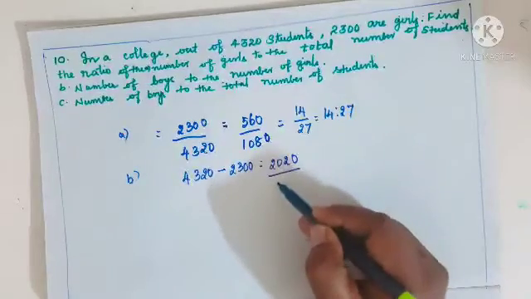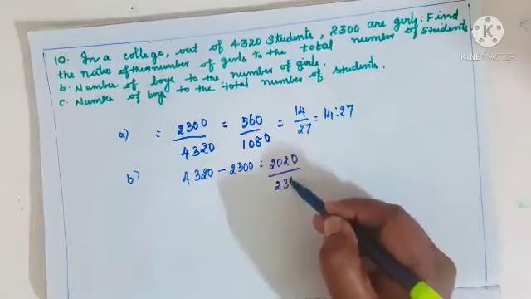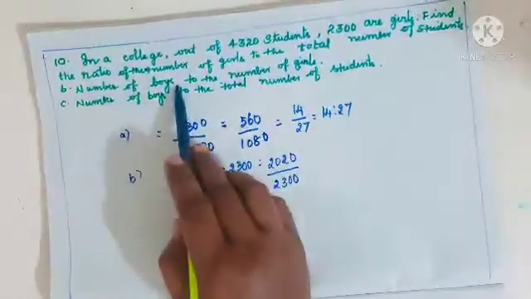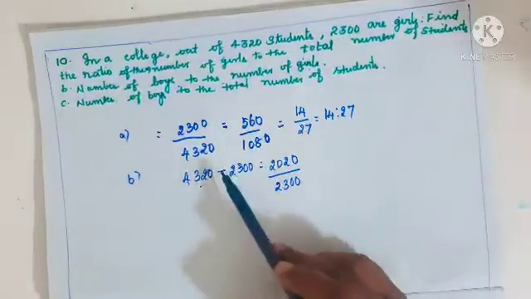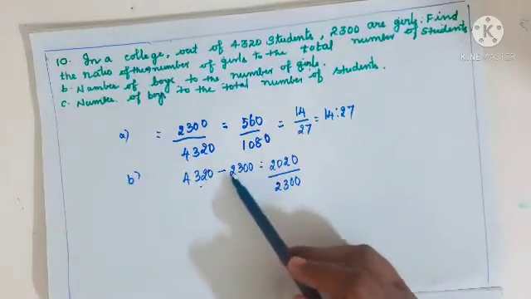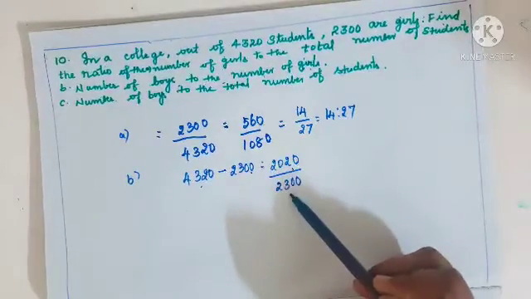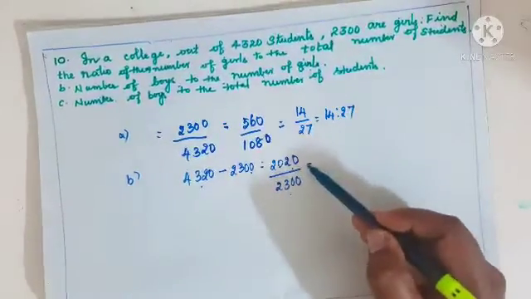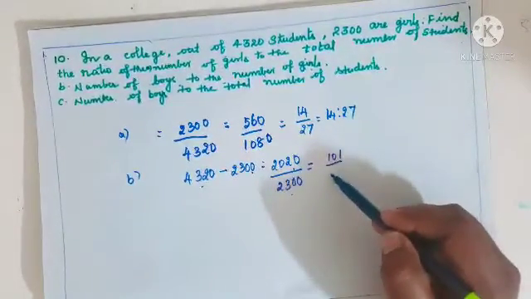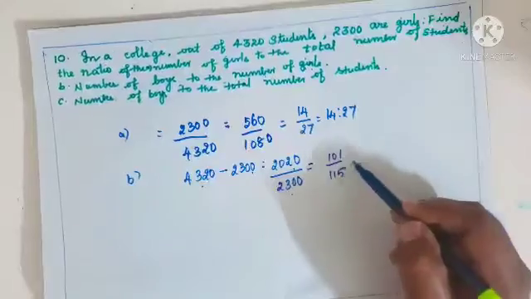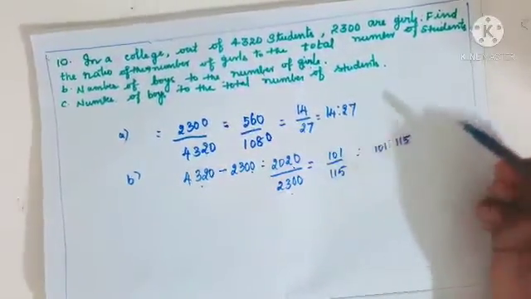Number of boys to the number of girls. Understand? So 4,320 is the total number of students. When you subtract girls, you get the boys number. Okay. That you divide by girls. So what do you get? So if you cancel, what you get is 101 divided by 115. So the ratio is 101 is to 115.